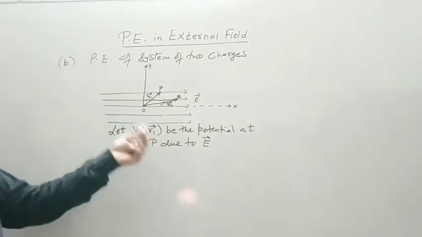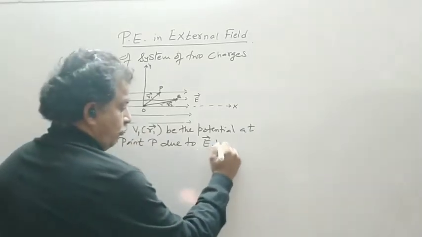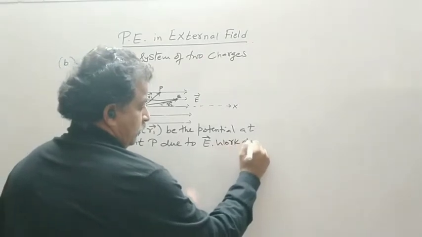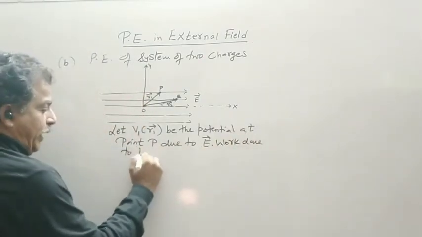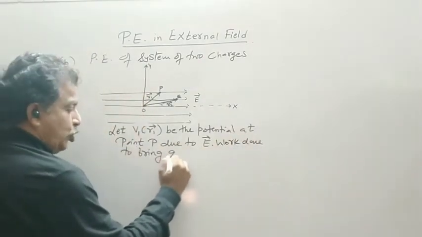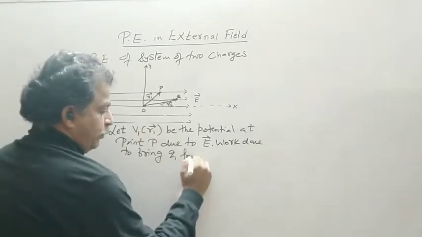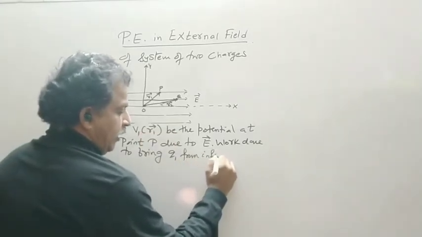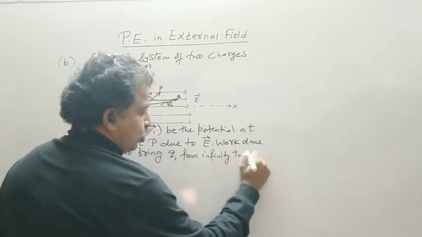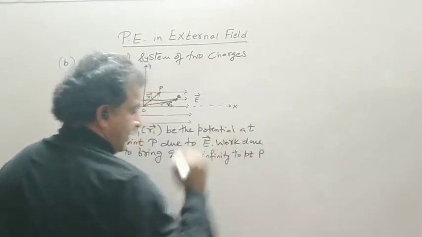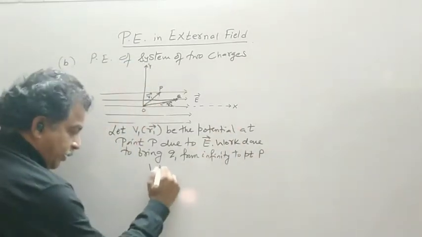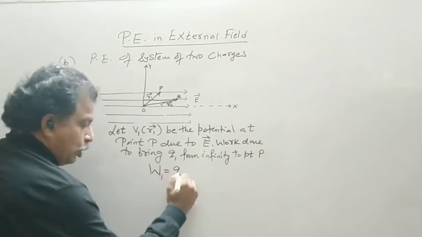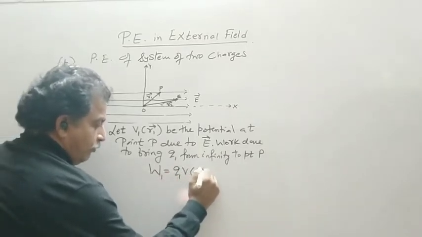Now we brought a charge Q1. So work done to bring Q1 from infinity to point P, the work done will be W1 is equal to Q1 V(R1).